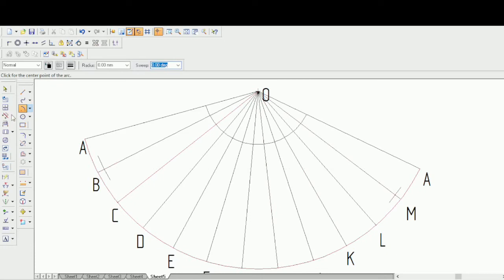Next at C and L, we'll have to give radius as 56.17. So click this as center, give the radius as 56.17, enter. So at C as well as at L. So go to arc by center point, center 56.17.